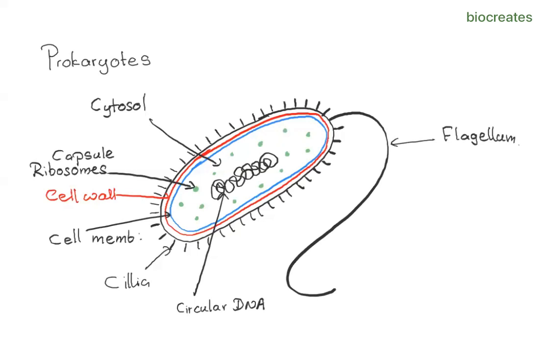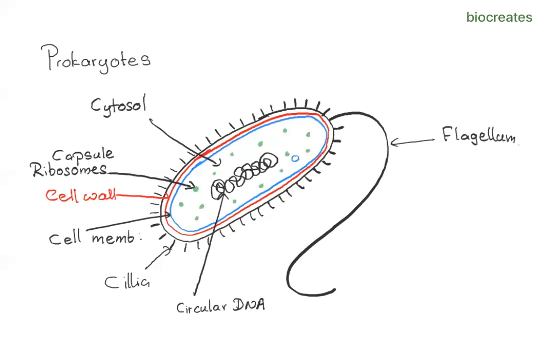And in addition to this circular DNA molecule, they have some other DNA structures, small circular DNA molecules. Here I will draw them in blue.